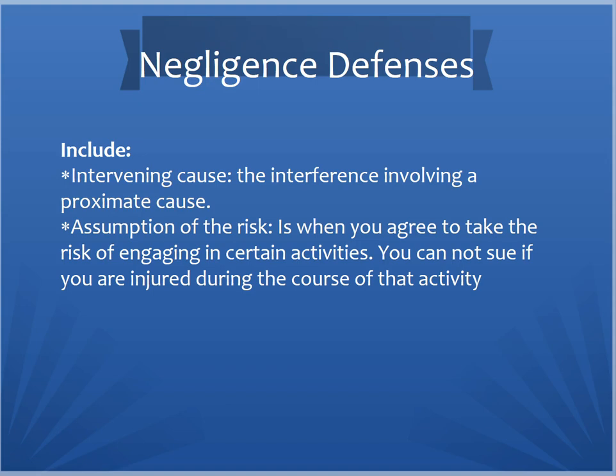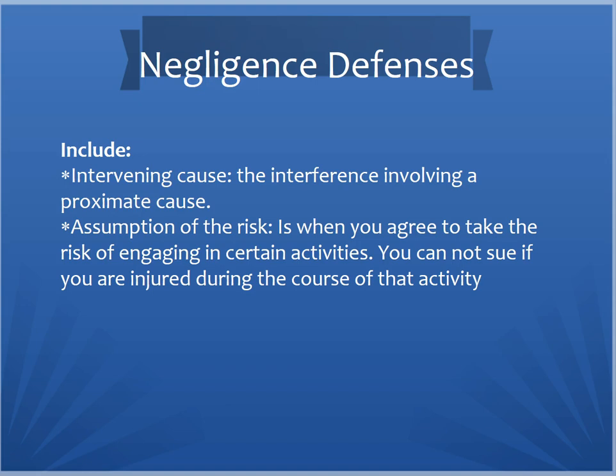So there's also defenses of negligence. We did talk about the intervening cause, which is one of them, the interference involving a proximate cause. There's also one called assumption of the risk. This is when you agree to take a risk of engaging in certain activities. You cannot sue if you are injured during the course of those activities.